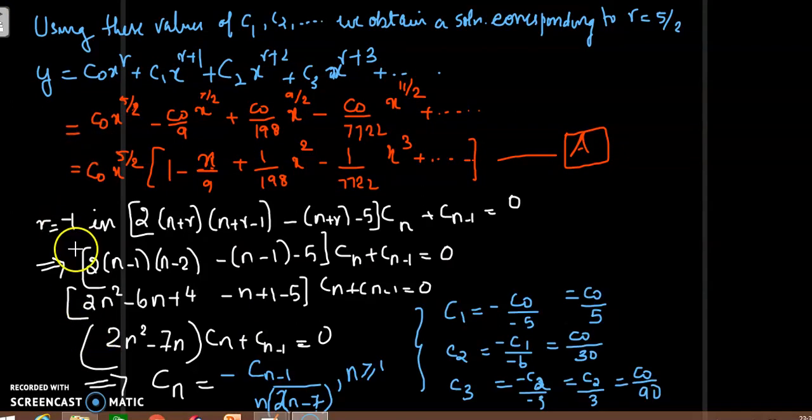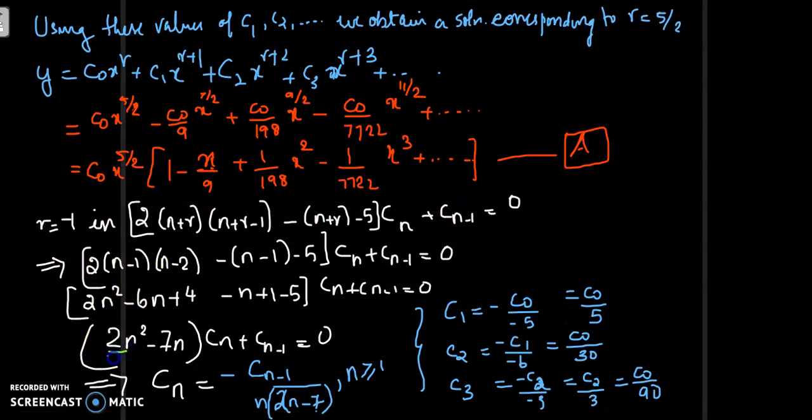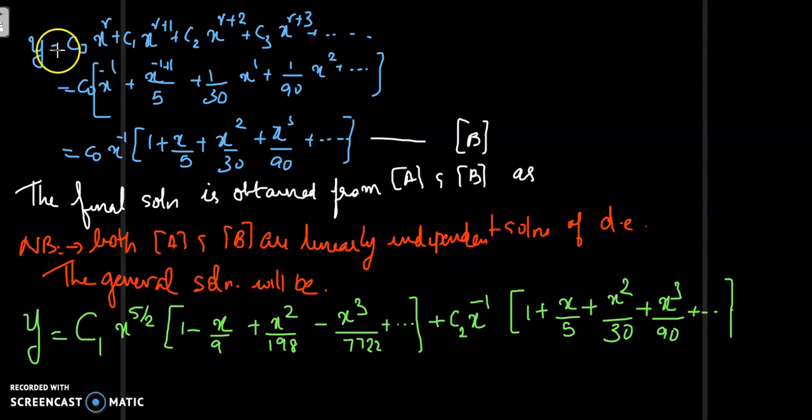Now I put r = −1 in the recurrence relation, simplify everything, and come down to (2n² − 7n) Cₙ + Cₙ₋₁ = 0. Now this is what I get as Cₙ. I calculate C₁, C₂ and C₃. These are my C₁, C₂, C₃, and from there I get my second part as C₀x^r + C₁x^(r+1) etc. Now I am substituting, and this is my final answer corresponding to the exponent −1.